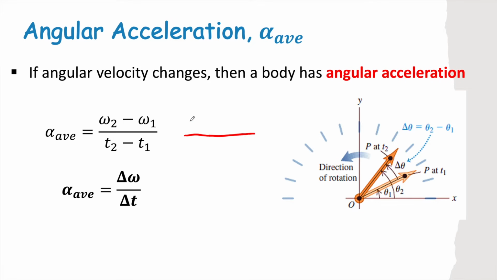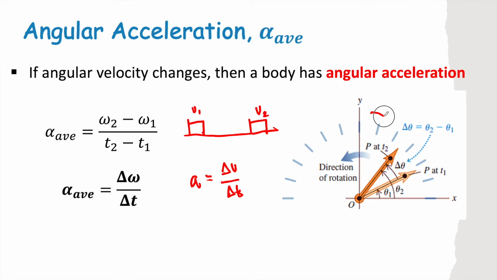If I have a particle with velocity v1 at this point, and then the velocity changes at this point, once the linear velocity changes over time, it will give rise to linear acceleration. Similar with rotational motion, we just call it angular acceleration.